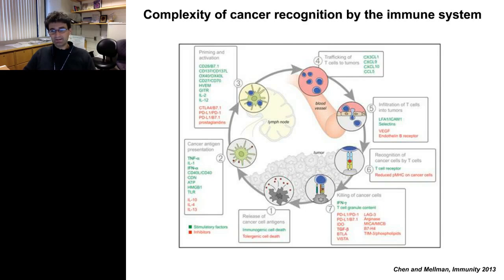And here is phase 5, in which T cells leave the bloodstream and infiltrate the tumor. And there at the tumor site, so this is phases 6 and 7, there is a first step of recognition: the primed T cells from the lymph node now recognize the same antigen, now presented on the cancer cells.